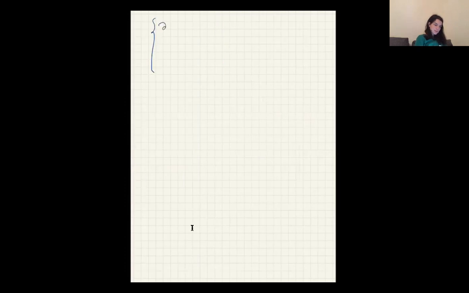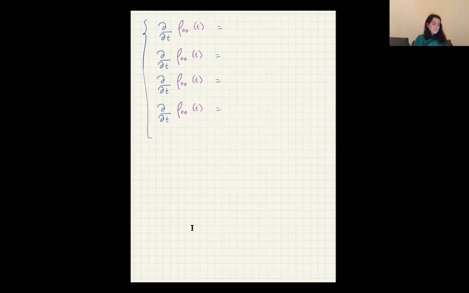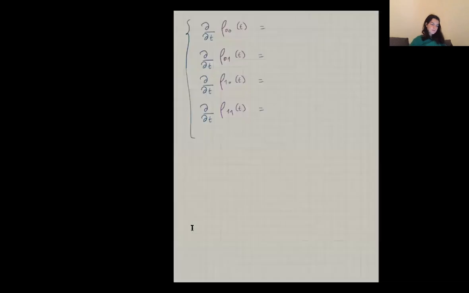So d dt of rho 0 0 of t, and so on for the four entries: 0 0, 0 1, 1 0, 1 1. Let me just copy what we have here.